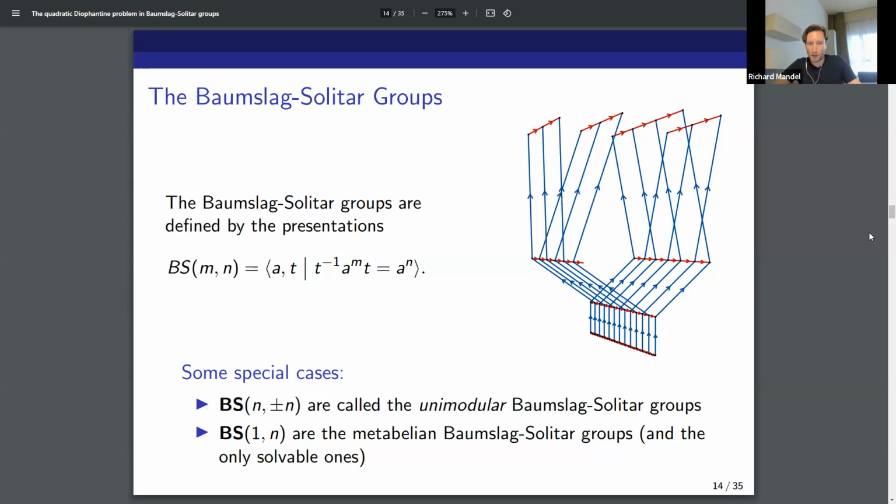They're the only solvable Baumslag-Solitar groups. So the results: Alexander Ushakov and my results are related entirely only to these cases of the Baumslag-Solitar groups.